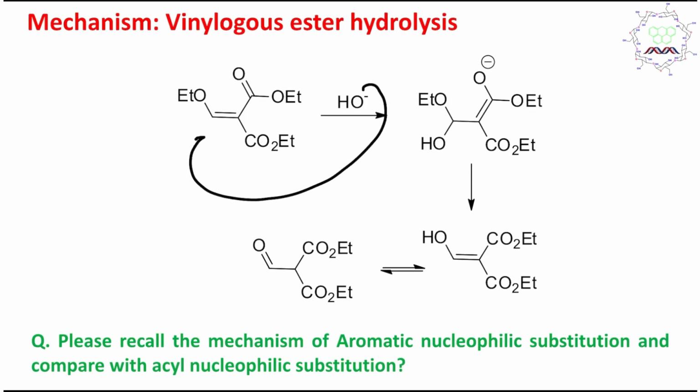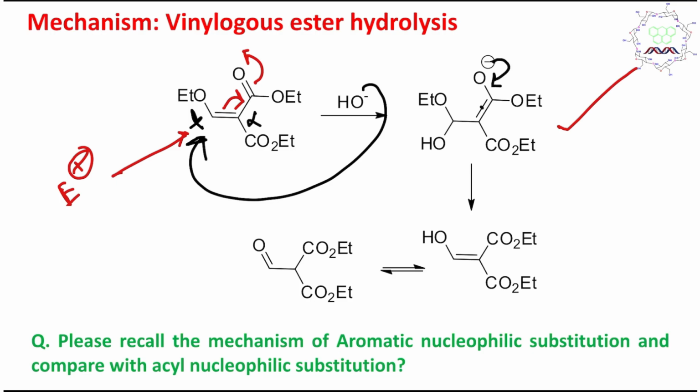It attacks here. This is the alpha, this is the beta of the carbonyl. You know, the beta position of a carbonyl is significantly electrophilic. It attacks, it opens up, and produces this one, an enolate type derivative.